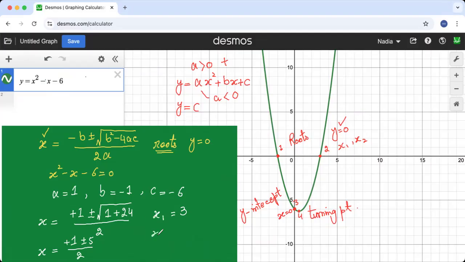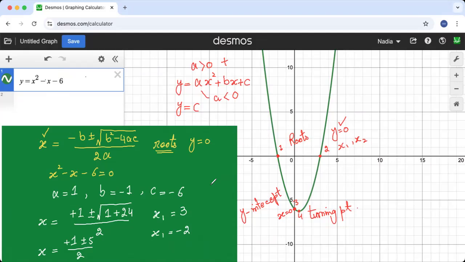And then the other value is when 5 is negative. So +1 minus 5, the answer is -4, divided by 2, the answer is -2, which is over here. This is point number 1 in our diagram. So these are the two roots of the parabola.